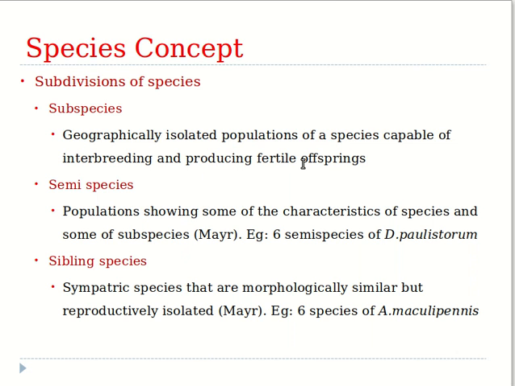Drosophila paulistorum is a complex of 6 semispecies. According to Grant, semispecies are populations that are neither good races nor good species, but are connected by a reduced amount of interbreeding and gene flow. So it is not completely separated; they can interbreed to a slight extent. Such borderline species are bound to exist if the process of species formation is gradual rather than instantaneous.